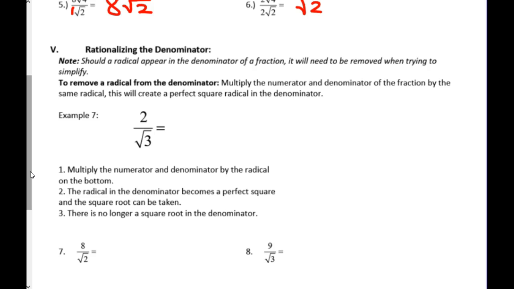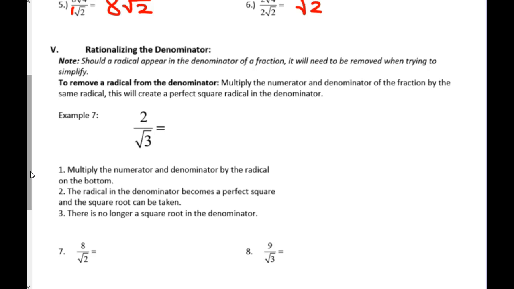So, here we go, rationalizing a denominator. In math, there are a few things that are not good. Miss Marrero says it's like cussing. Now, it's not really cussing. But here's the deal. You cannot have a square root on the bottom of a fraction. Because if you see it, you go, oh, no. It's offensive.